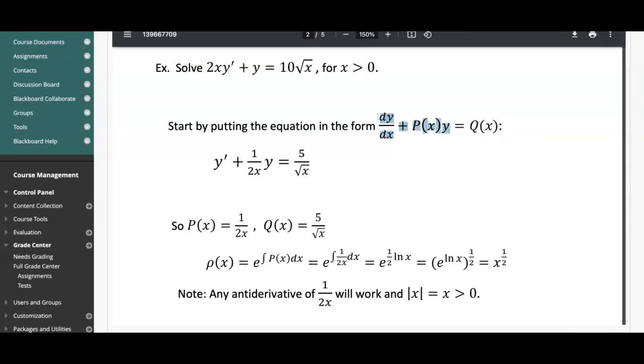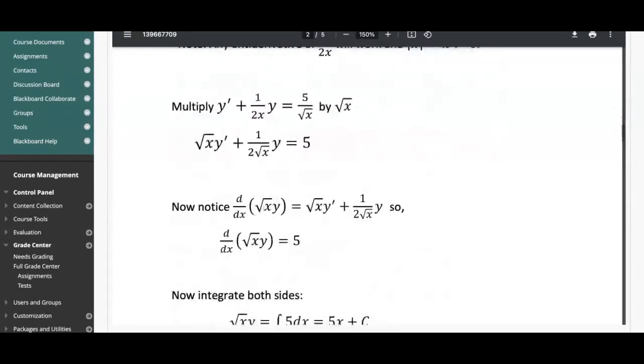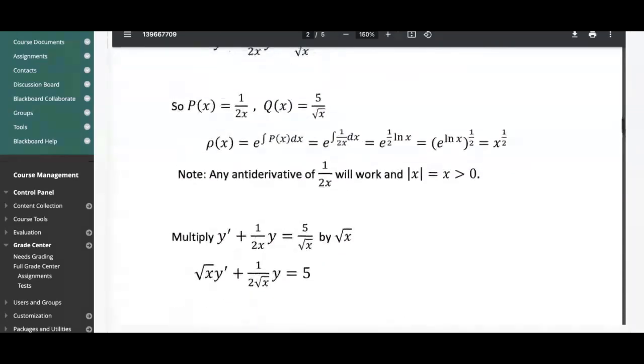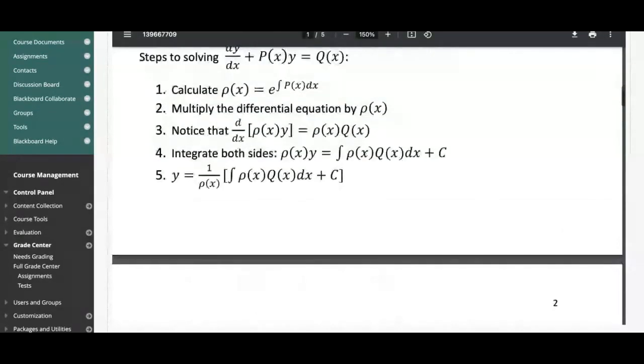Then the left-hand side becomes the derivative of, let's use this form, rho of x, the integrating factor, times y. Let's see more examples to make sense.